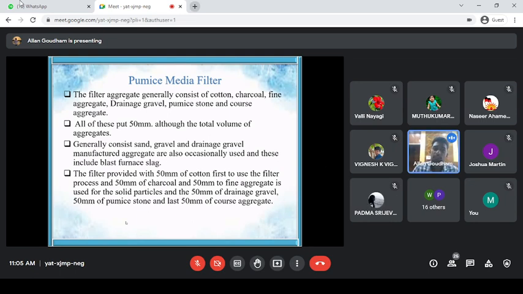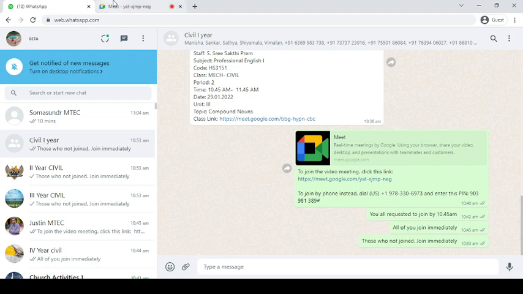As with the control media filter, we have introduced cotton, then charcoal, also the separation gravel, then the pumice stone, and the drainage gravel at the top. Every material is taken in the quantity of 50 mm. Now this is a pictorial representation of the pumice media filter. You can see the difference compared to that, so that you'll get an idea.